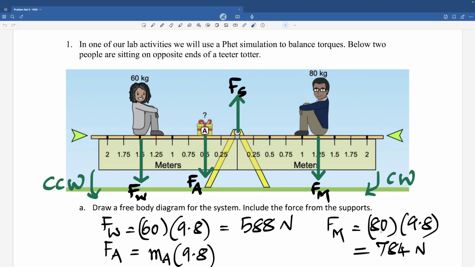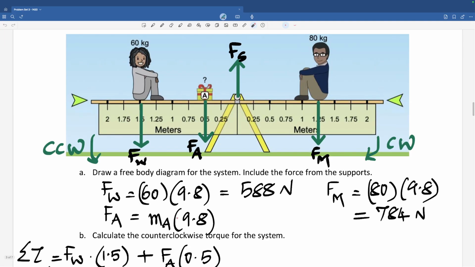Similarly, you multiply the mass of the man, which is 80 kilogram, with 9.8, you get the weight of the man. And do the same for the third one, but we do not know its mass, so we will just leave it as m sub a times 9.8. So now I've shown you the forces, and I've also calculated the three forces.